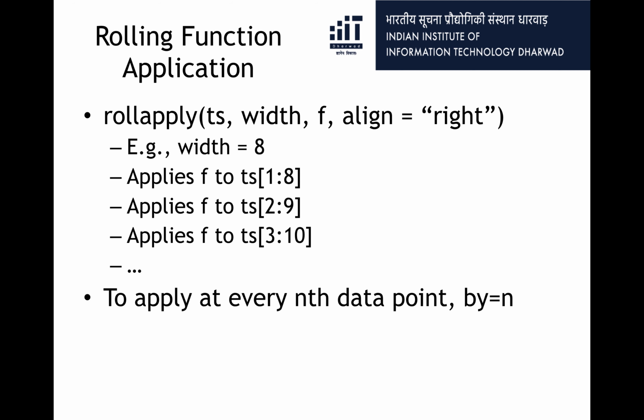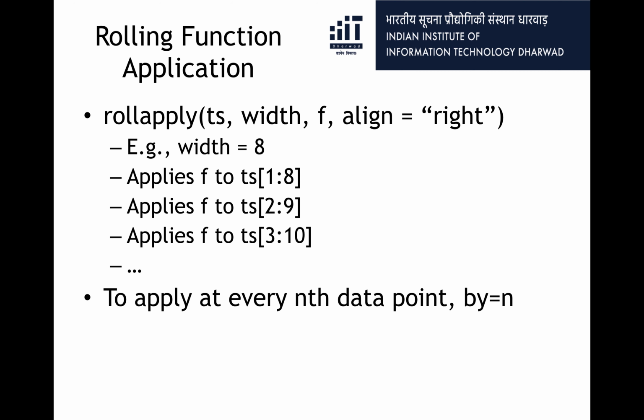There is also something called roll apply. So, for example, if I take a time series data set Ts and I specify a particular width for which this function f should be applied, and the alignment should be to the right or left. If the total length is not a multiple of this width, then what to do? So, you can say align equals right.